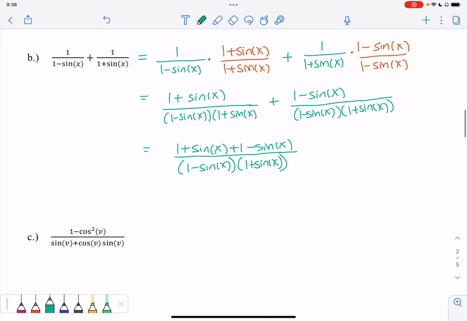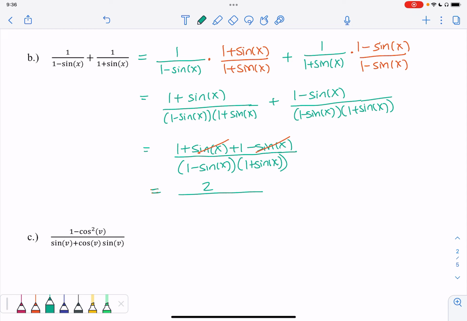I get a little more canceling here: sine x minus sine x. So I get a 2 on the top, which equals 2.